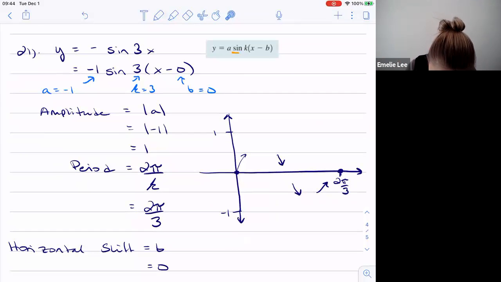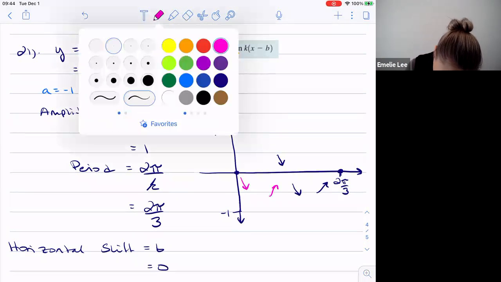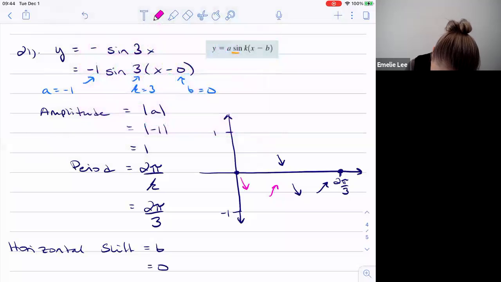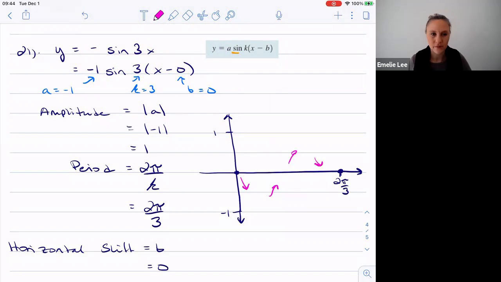So it actually flips here. Look at this. Starts going up again. Let's erase these.